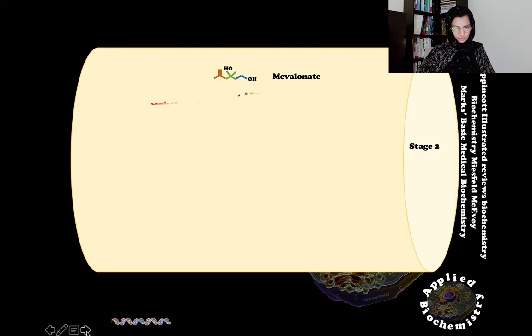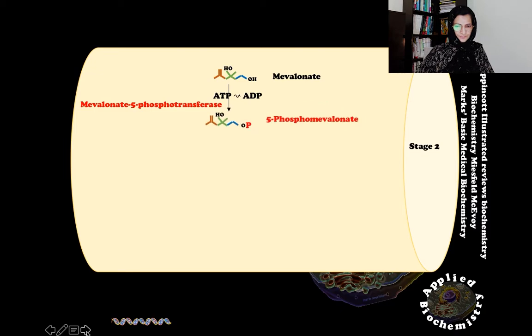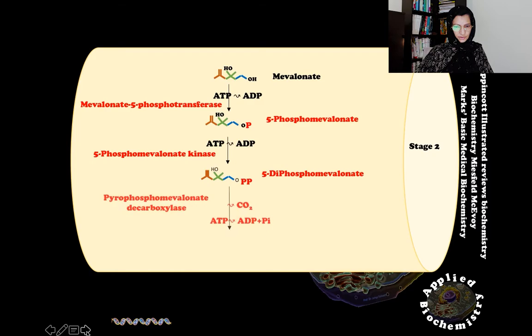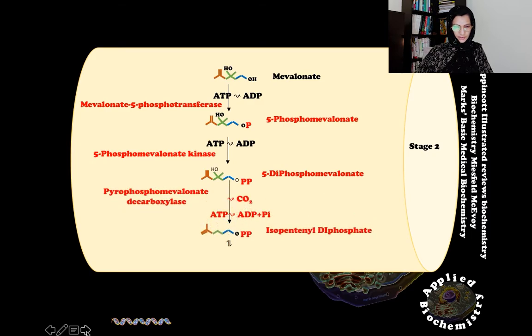In stage 2, mevalonate, in the presence of mevalonate 5-phosphotransferase and ATP, is converted to 5-phosphomevalonate. Next, again in the presence of kinase and ATP, it is converted into 5-diphosphomevalonate, which is then decarboxylated, in the presence of the third molecule of ATP, to isopentenyl diphosphate.